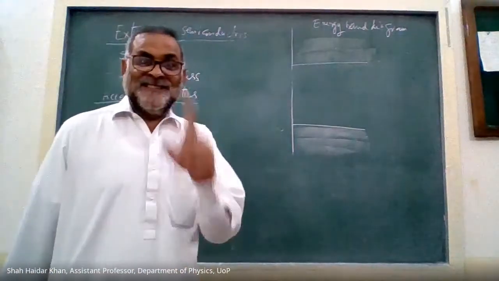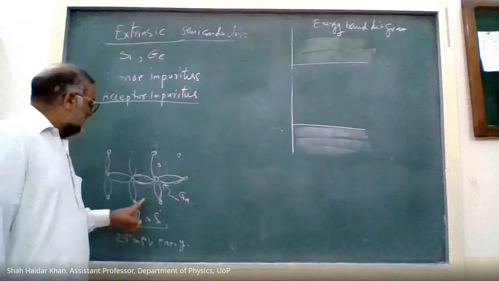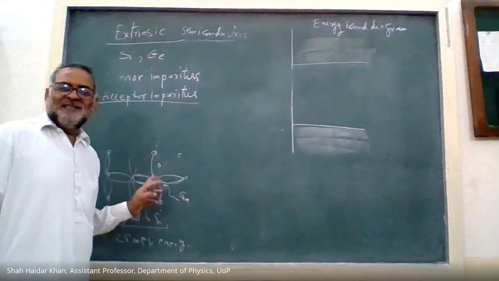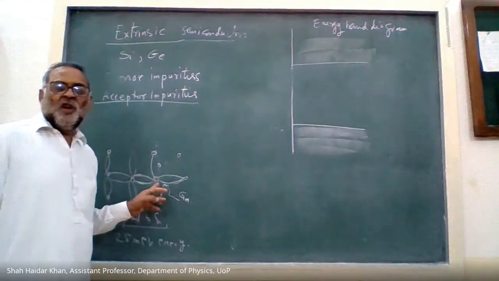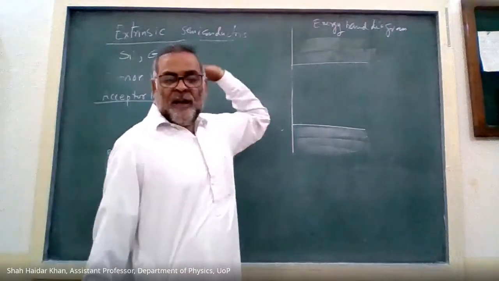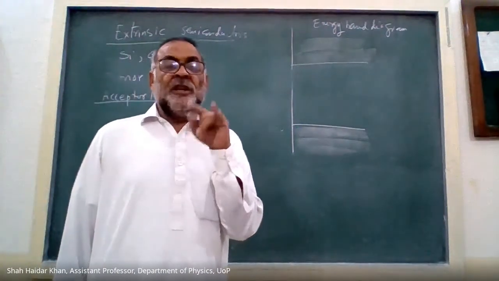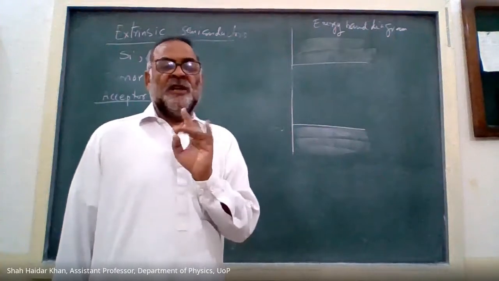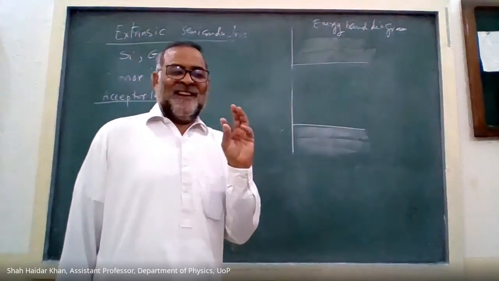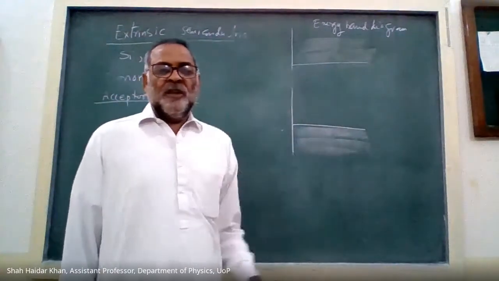We say this arsenic is now ionized. In the donor situation, the ionization energy is how much? It is 25 MeV, because the arsenic element is now ionized, as the electron has jumped to the conduction band.